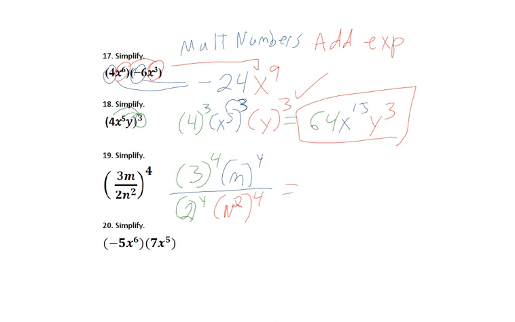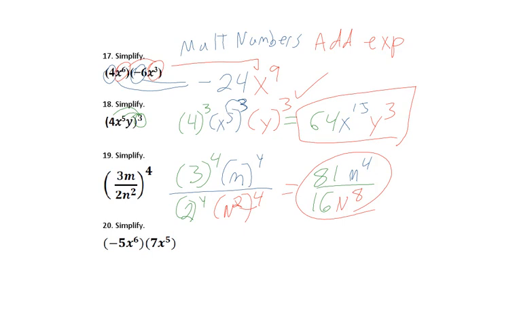And we'll take it one at a time. 3 exponent 4 is 81. 2 exponent 4 is 16. So that's done. m^4 is m^4. No change there. But n^2 with the 4, that's going to become n^8. And that's it for that.